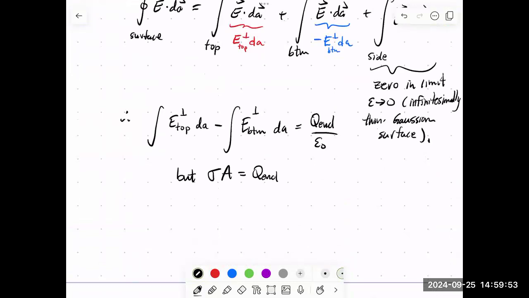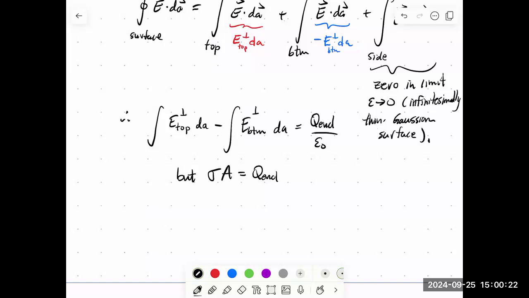And I'm going to do one other thing. I'm going to argue that if we make our Gaussian surface small enough, so we've already shrunk the thickness down to 0, but if I make also the area small, then across that area, the electric field strength is not changing. And that means I can factor out the E top and E bottom.